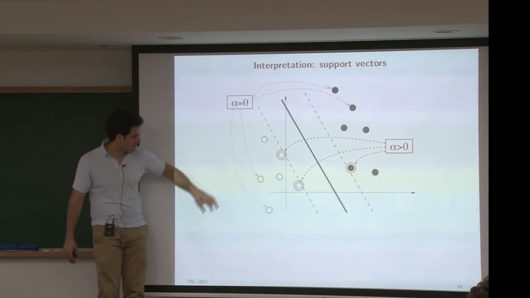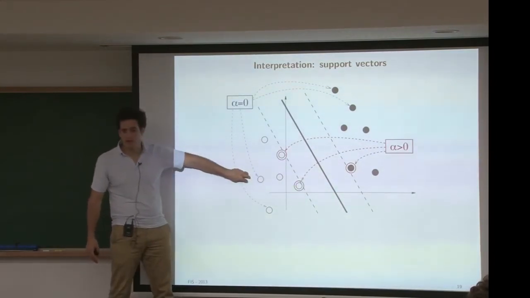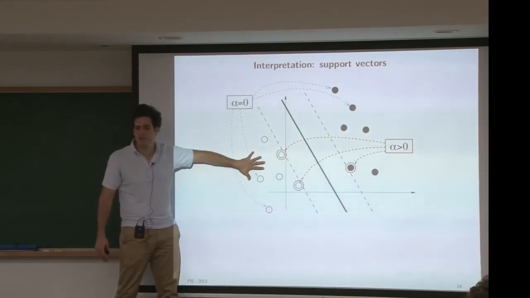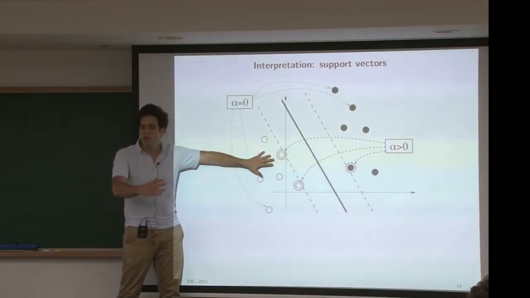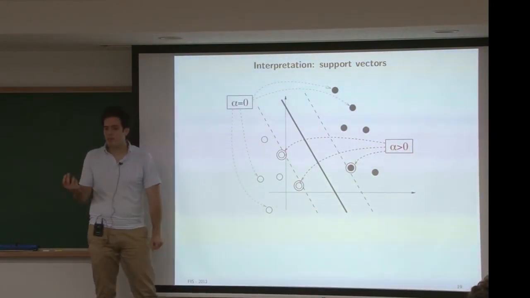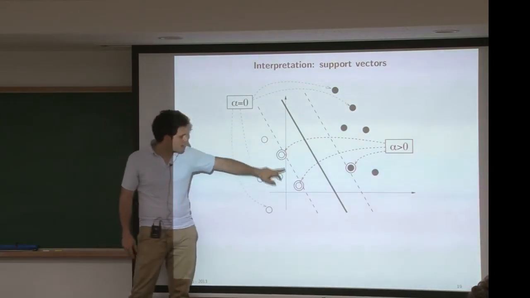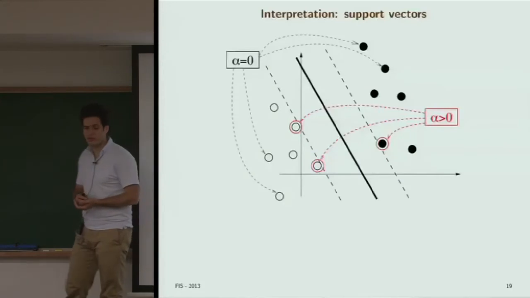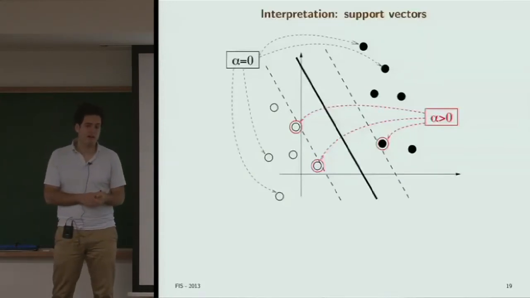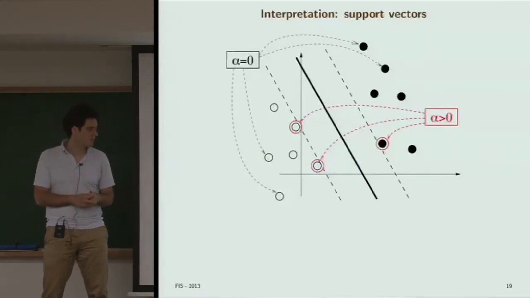But in that case, if I change this point here, of course, my estimation for the Gaussian, and the mean in particular, will change, and so the whole hyperplane will change. In the SVM case, you can see that only those points which are close here to the separation area are taken into account. Okay?